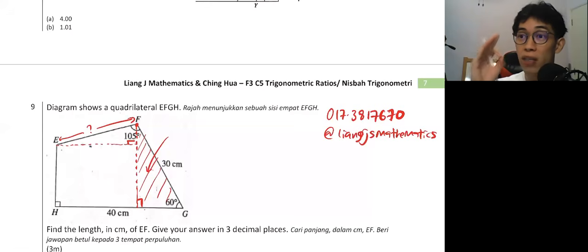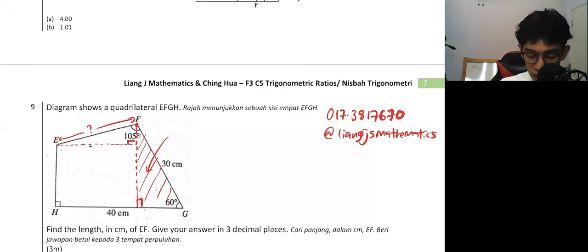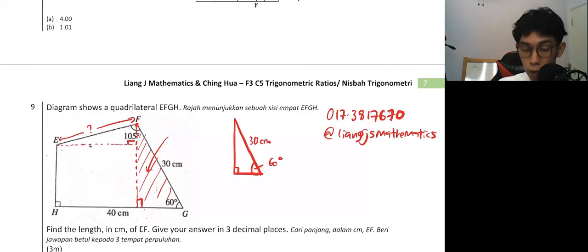Do you know why it is partial of an equilateral? Because there is a 60 degree angle. If I take this out, you see, this is 30 cm. Ooh, that's a 60 degree. Imagine if from the top itself you go down, right?